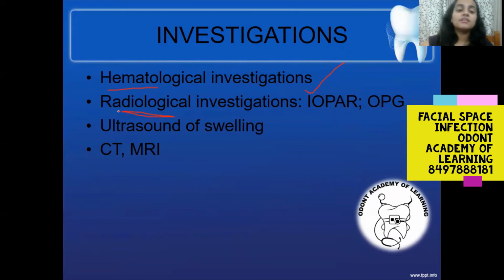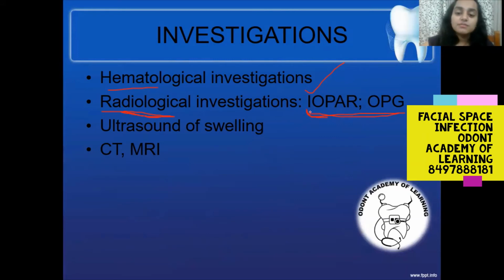Second, on the dental chair, we can do radiological investigation to confirm the offending tooth or the odontogenic cause of it. So most common is of course IOPAR or OPG if the patient has limited mouth opening.